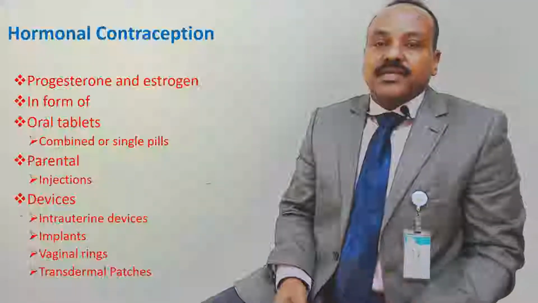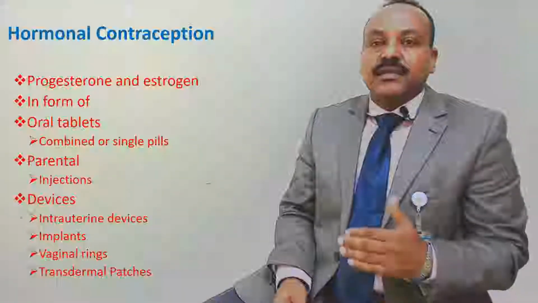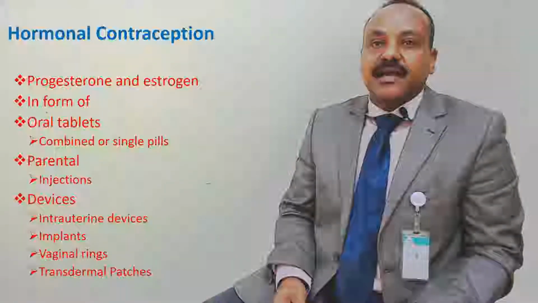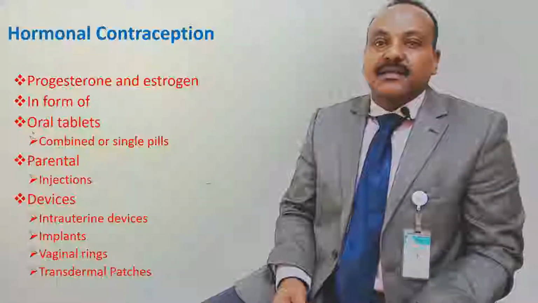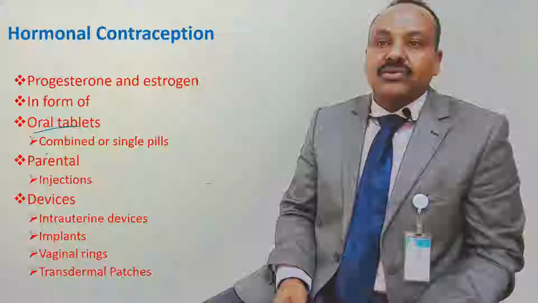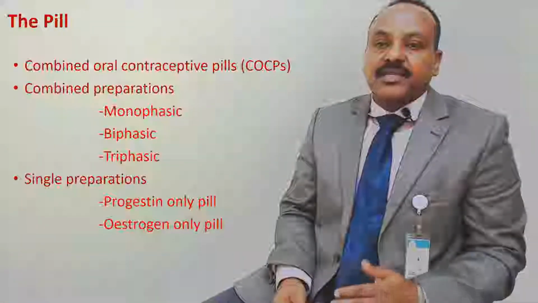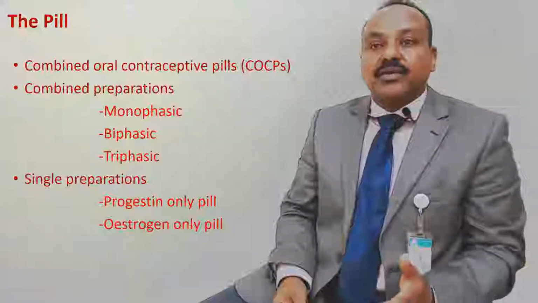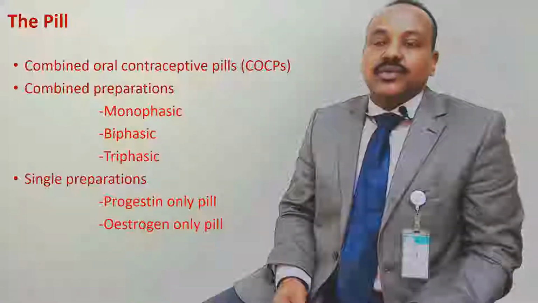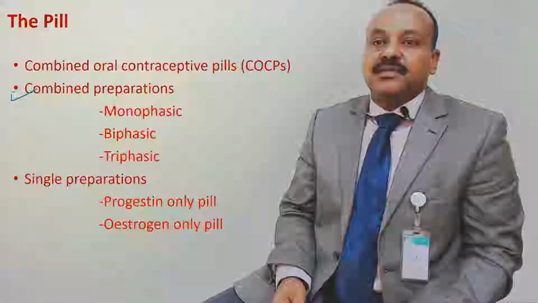Hormonal contraceptions, as I told before, could be in tablets, which we call pills. This pill or tablet is either combined or single. Combined preparations we call combined oral contraceptive pills, COCPs.